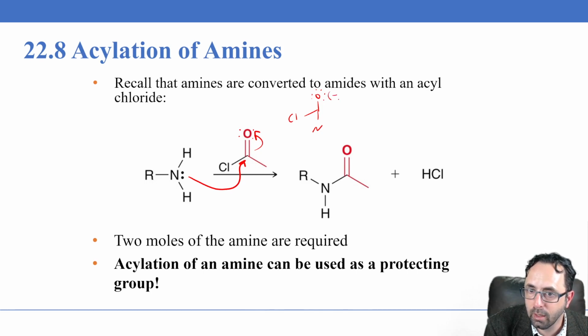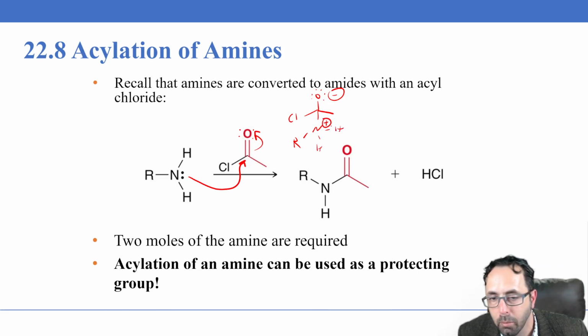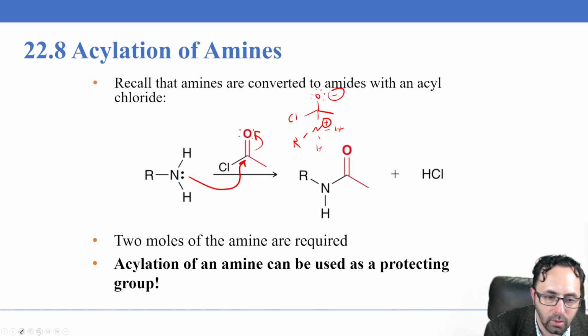Now it has 3 lone pairs and 1 bond, giving it a -1 formal charge. The nitrogen in this case has an alkyl group attached and 2 hydrogens, and now it has 4 bonds and no lone pairs, giving it a positive formal charge. This is going to be followed by a step in which the chloride is expelled as a leaving group.